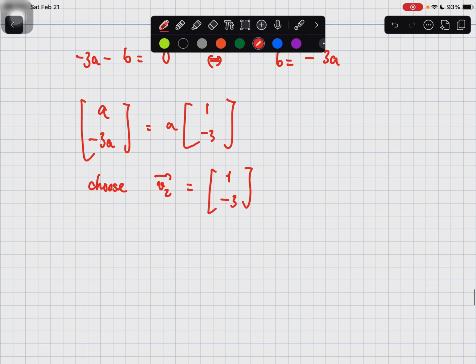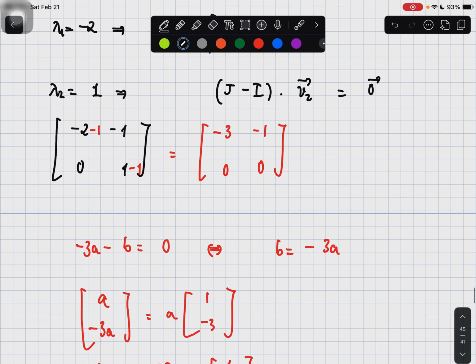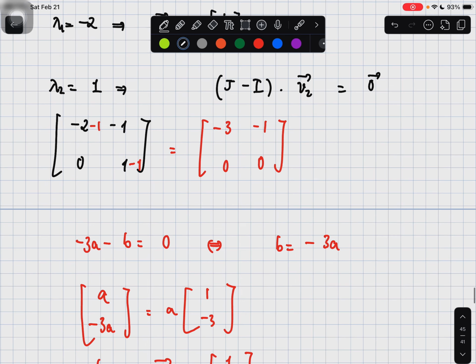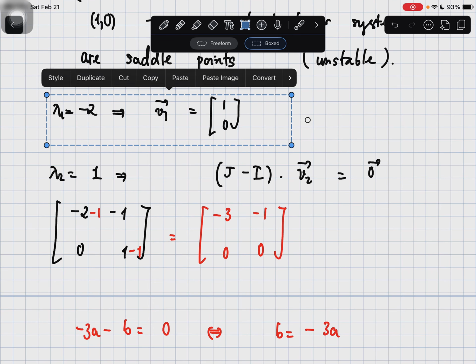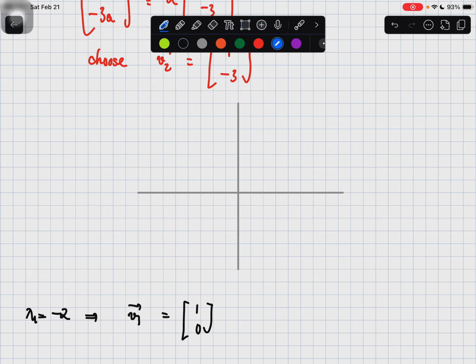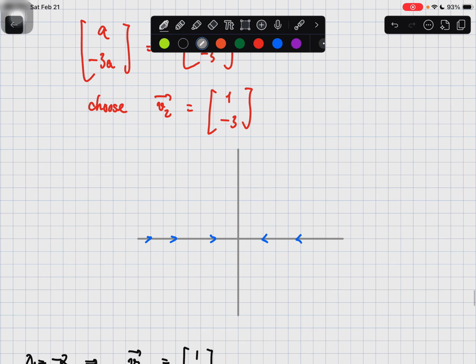Now we sketch the picture of the linearization. We have lambda 1 equal to minus 2 with v1 on (1, 0), so it goes inward here. And v2 on (1, minus 3), so it will give us this axis.